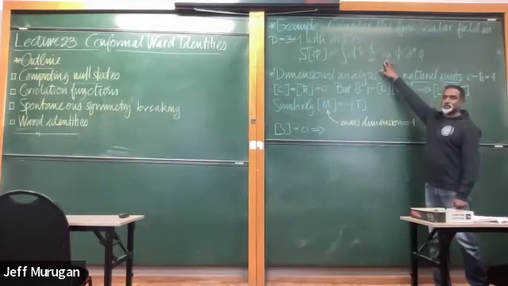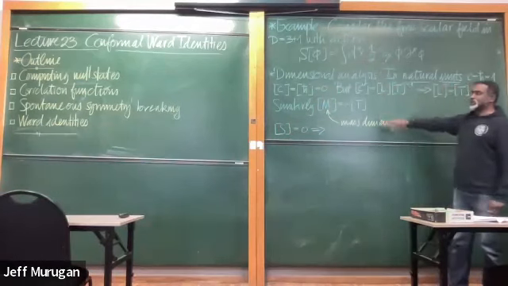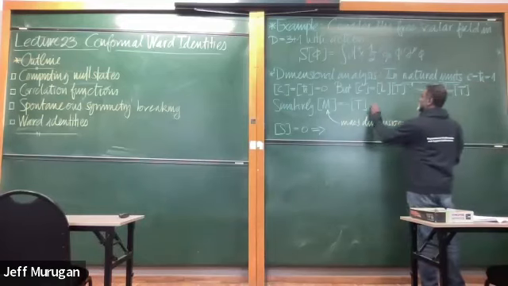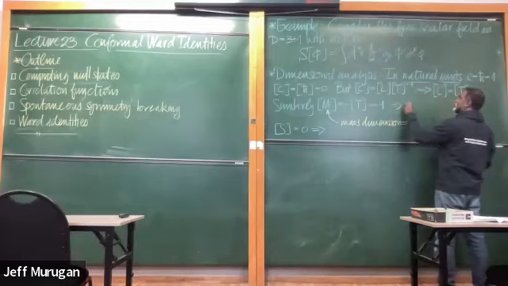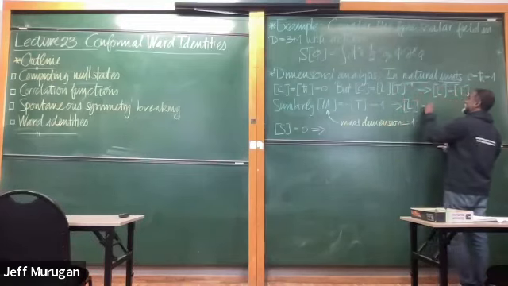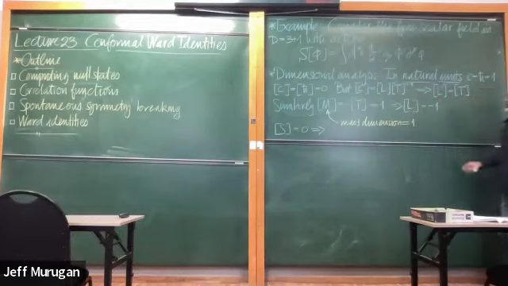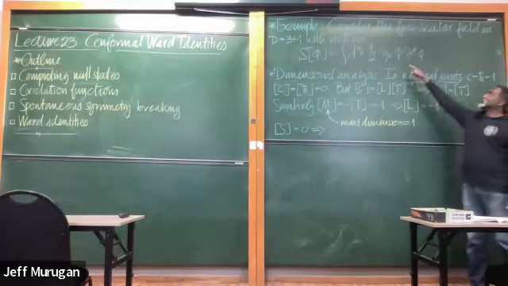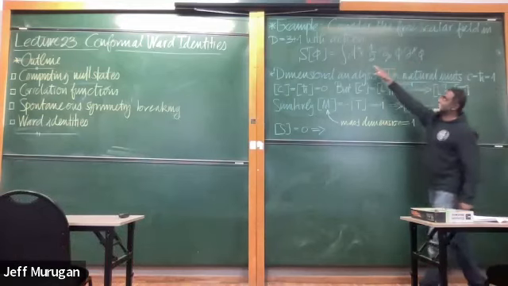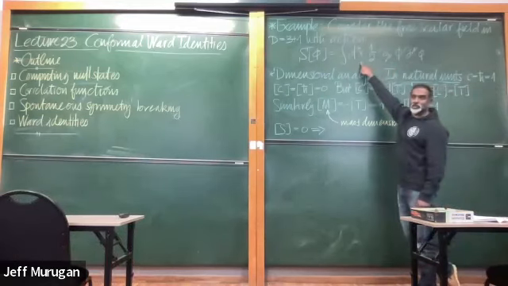Derivatives have dimensions of inverse length. If length has dimension 1, then inverse length has dimension -1. So there's -1 from here, -1 from here. There's 4 lengths coming from here.